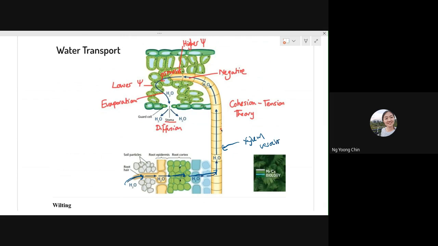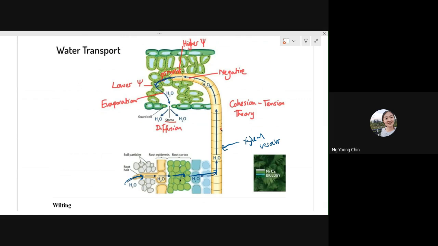Once the water gets to the xylem, it will be moving upwards due to the cohesion force. They will get into the stem until they reach the leaf, because the leaf also contains xylem, right? From the xylem, the water will enter into the mesophyll cell.